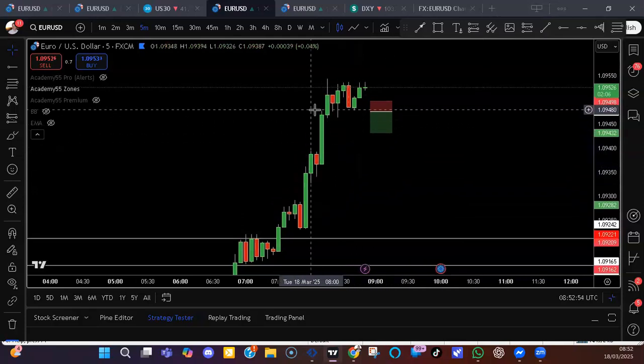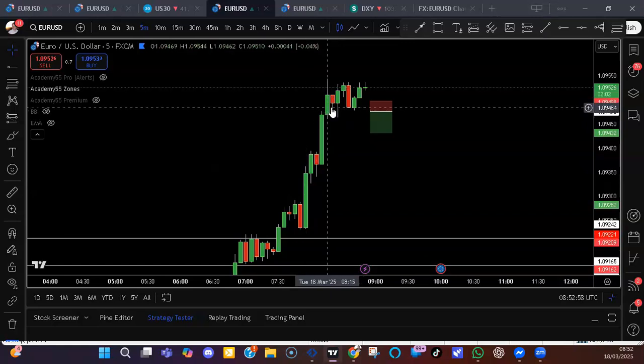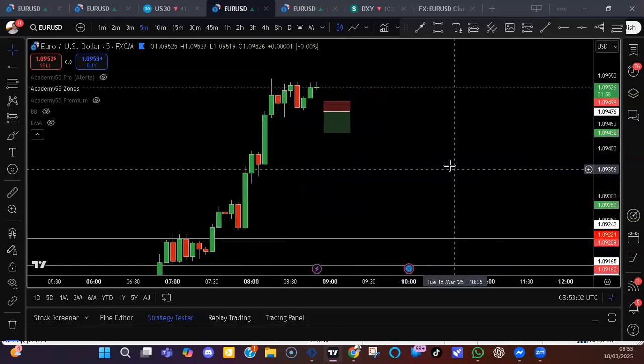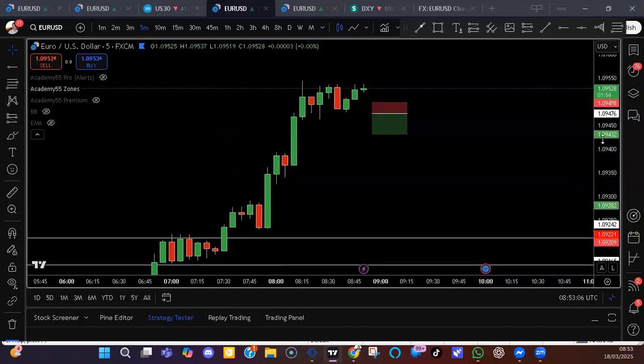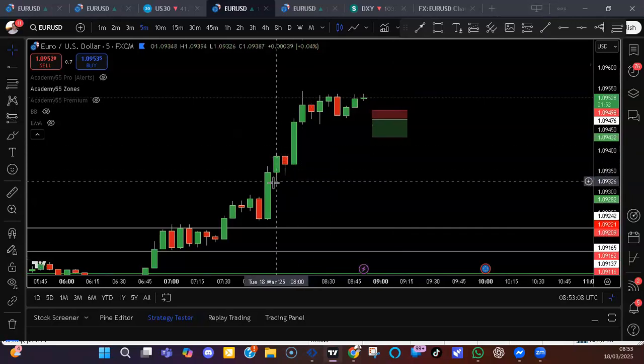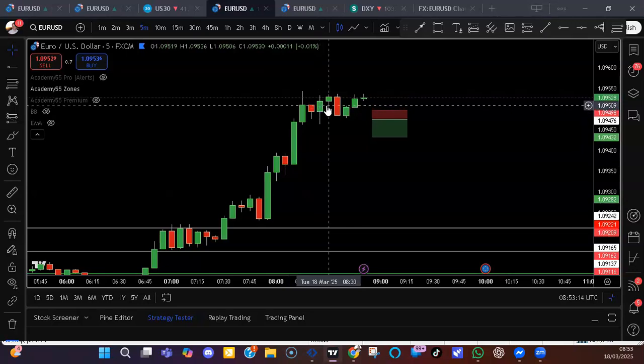But we can see, is this a bearish flag? We've got indecision here at 25 past 8.